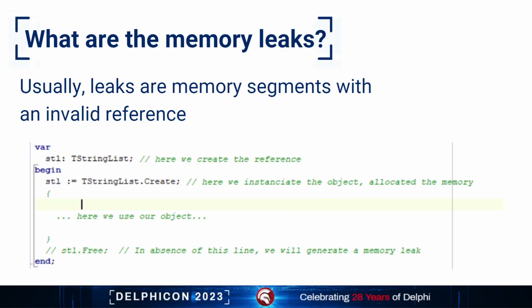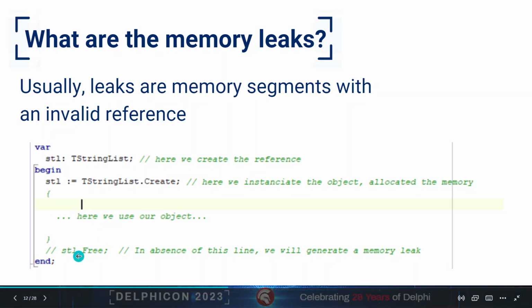Well, usually, memory leaks are segments with invalid references. Like in this scenario here, I have a simple variable and I instantiate some object. I use that object here, right? And after that, I just comment out the Free. So in the absence of this line, I will have a memory leak, right?